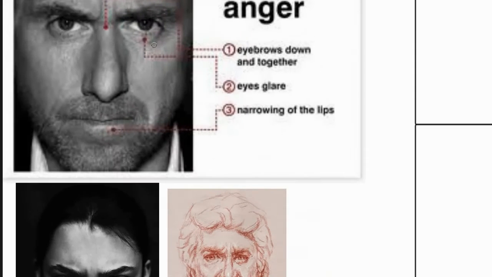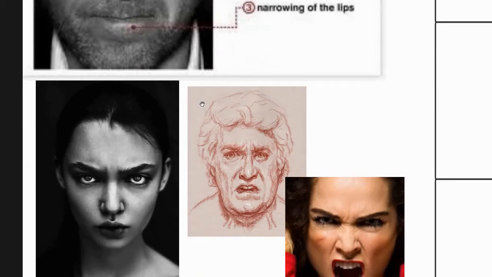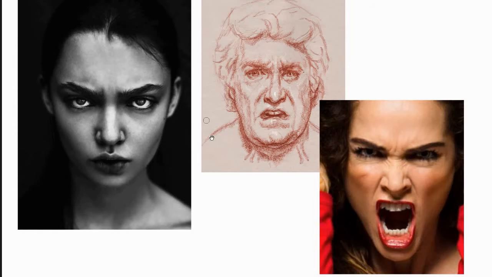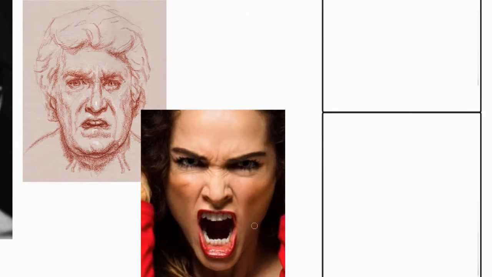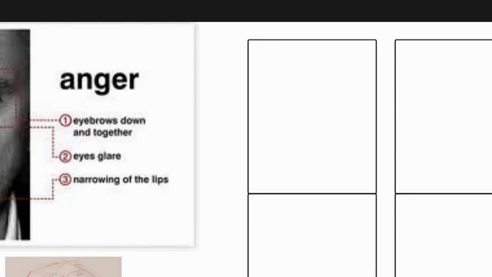What you see in anger is that the first thing is the eyebrows are going together. The muscle between the eyebrows gets tensed, and the mouth generally is pursed or narrowed, which is a very common way to recognize anger. And the eyes are glaring.